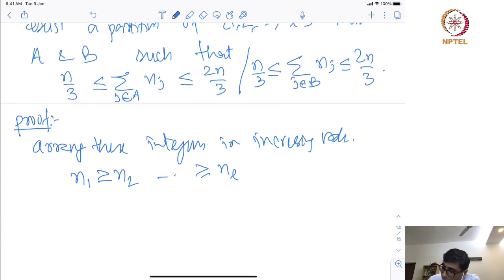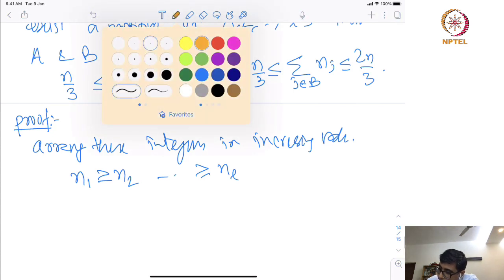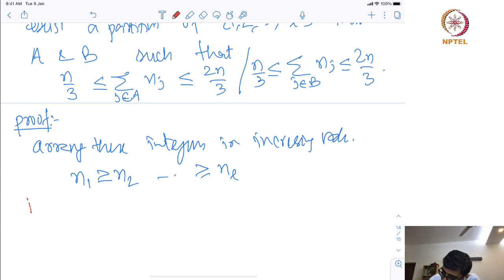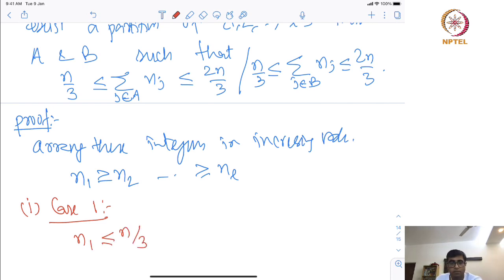So, now we have the first case. N1 is greater than or equal to n by 3.